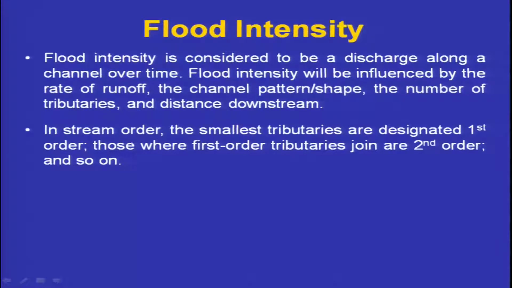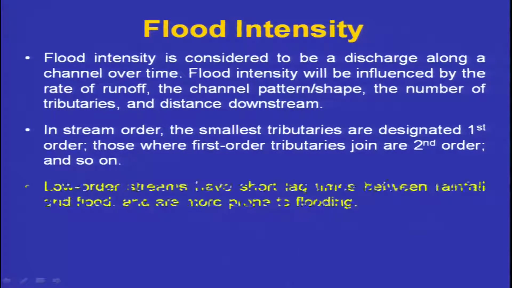Okay. In stream order, the smallest tributaries are designated as first order, which we have already discussed, and where first order tributaries join, you have second order, then the third order, and so on. Usually it has been observed that low order streams have a shorter lag time between rainfall and flood. When the rainfall starts and the water falls on the surface, the time taken by the lower order streams will be very short, because they are very short, hence the time lag will be very small.